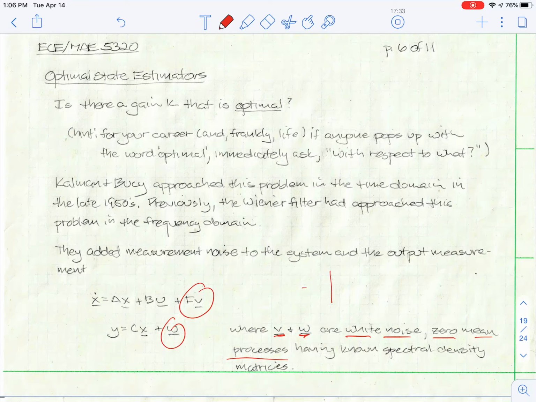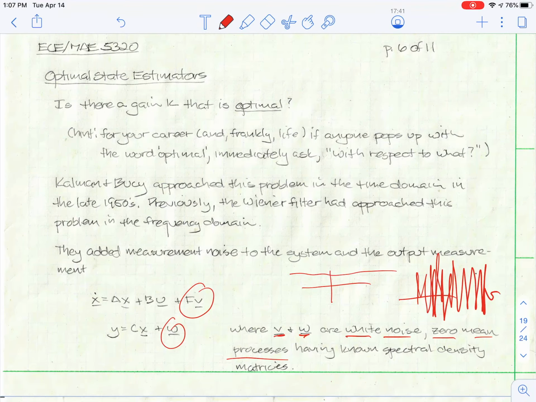And white noise means that it has a flat spectrum, and in general the noise process will just look random. In fact, true random number generators are pretty good white noise generators. Zero mean means that it has no non-zero average component, and then it has known spectral density matrices.